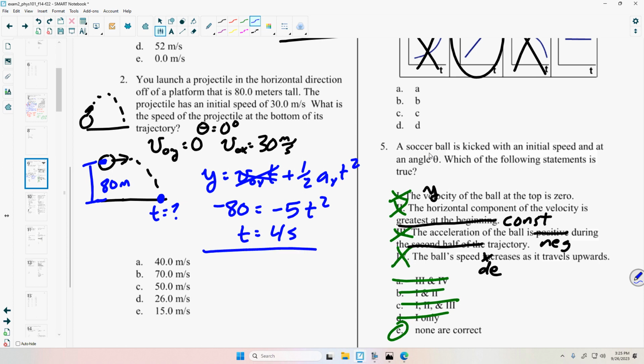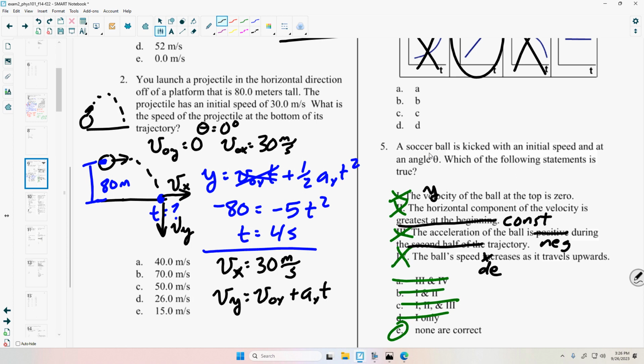Then, if I want to know the speed of the projectile at the bottom, recognize that that speed has two parts, vx and vy. I know vx, it's equal to 30 meters per second, because it doesn't change. It's always the same as what it starts at the beginning. And vy is equal to v naught y plus a_y t.